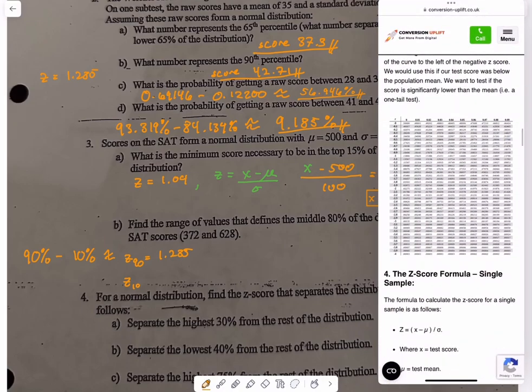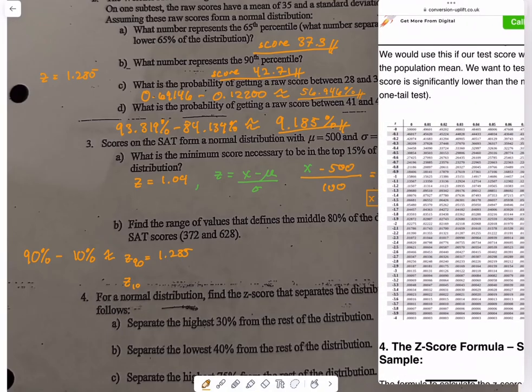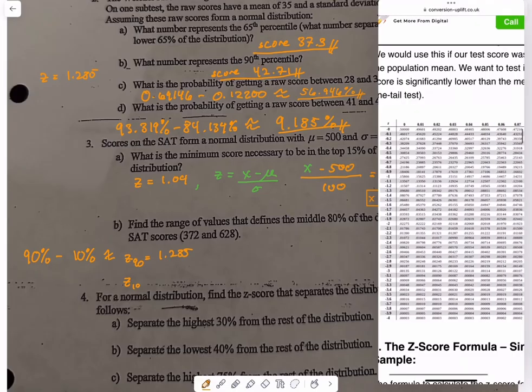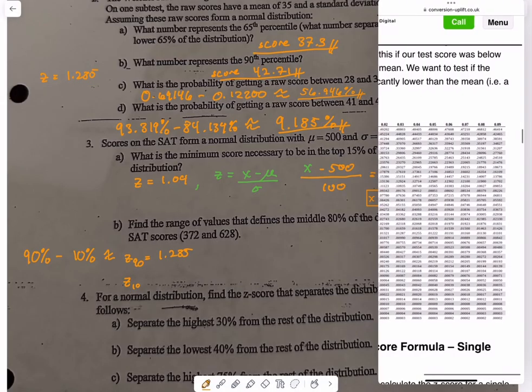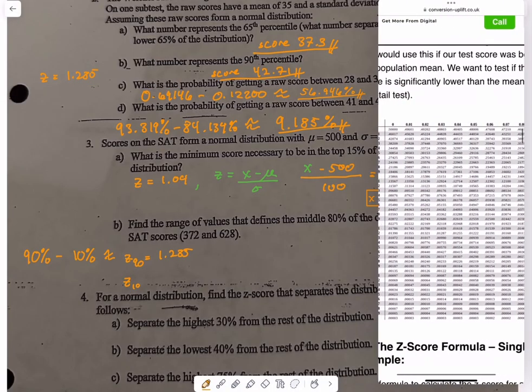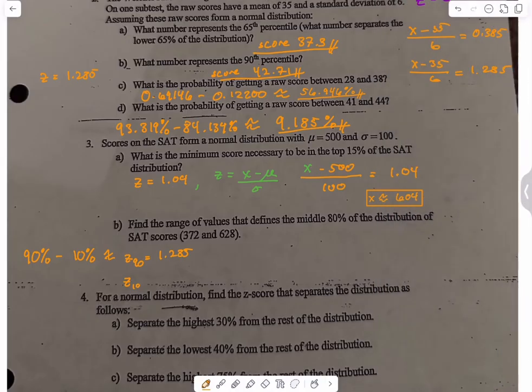Right here. And 10%, let's go down here. Okay, right there. So we'll say about halfway. 2.5. So it looks like it's a negative 2.325 z-score.